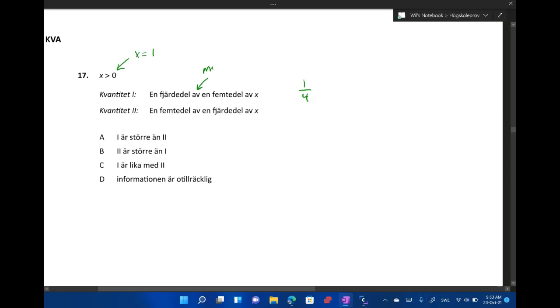I'll say multiply, or gånger in Swedish. So we multiply a fourth times a fifth times x, and we're going to say x is 1. So times 1. Well, 1 times 1 times 1 is 1. 4 times 5 times 1 is 20.